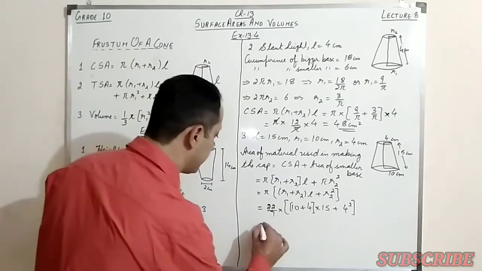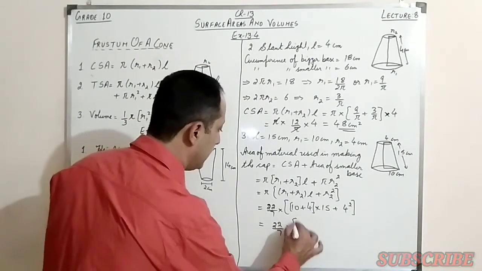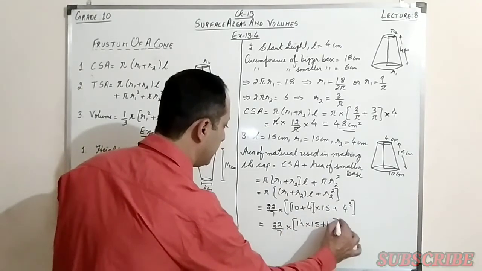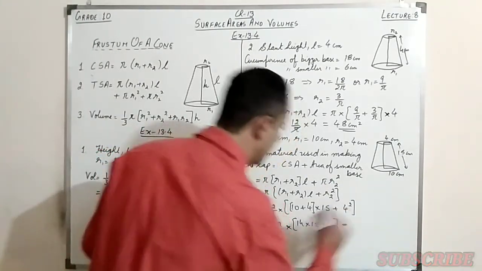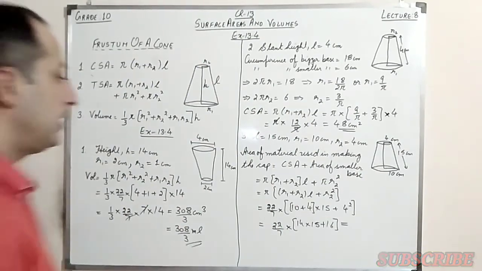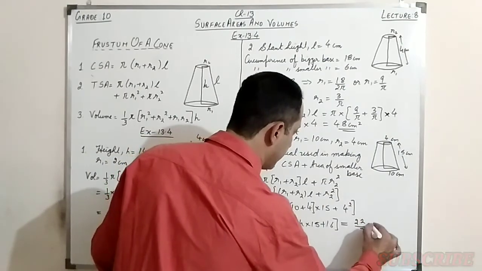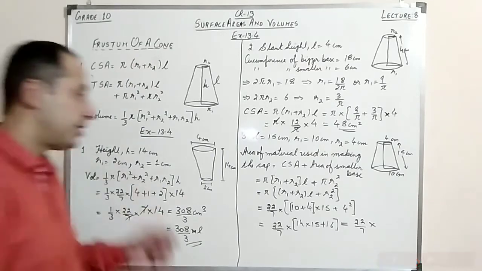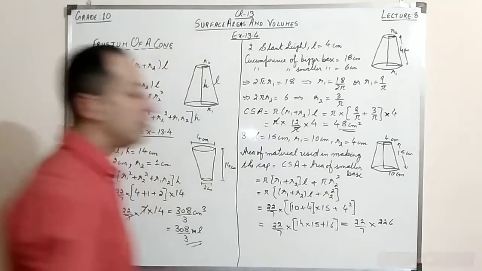So this is 22 upon 7 multiplied by (14 multiplied by 15 plus 16), right? And when we simplify this, 14 into 15 will be 210 and plus 16 it will be 226.